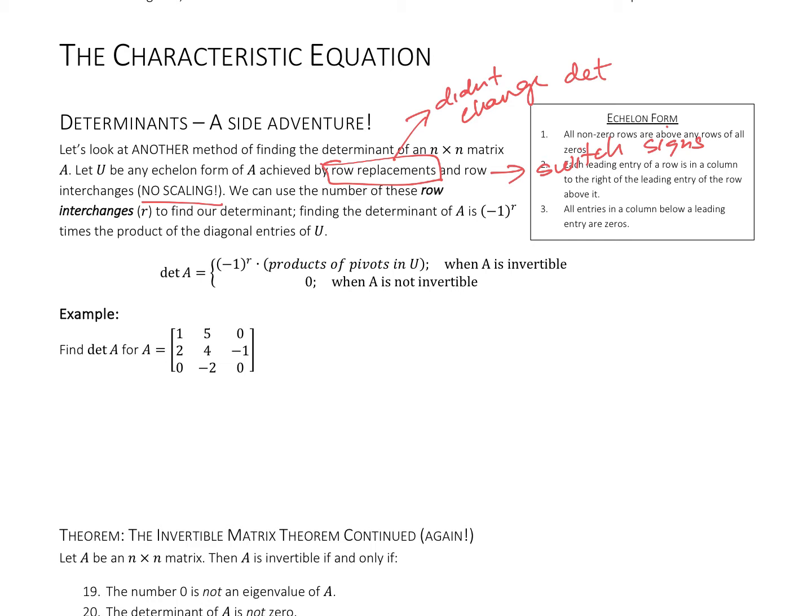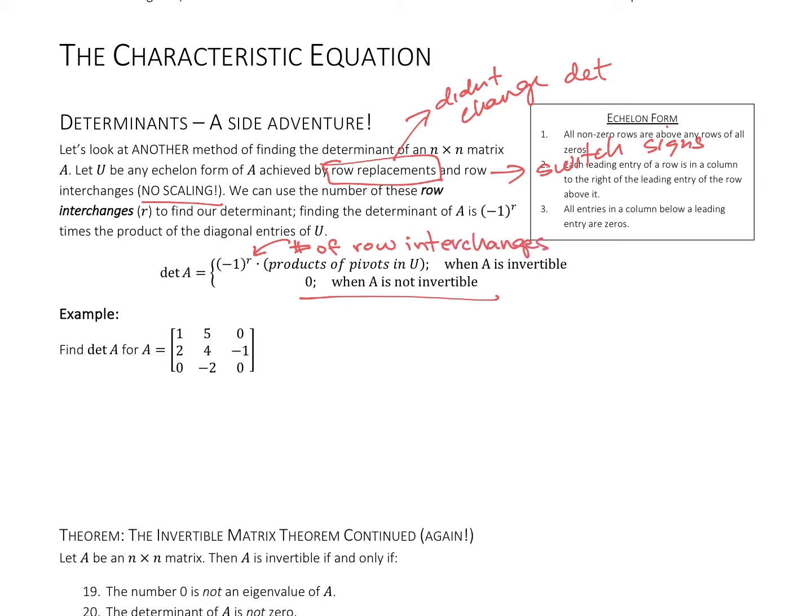So here's a fun little proof. If the determinant of A is 0, when it's not invertible, it doesn't matter, it's just going to come out to be 0. If it is invertible, and I can get down to a triangular matrix using only row replacements and row interchanges, then I can take -1 raised to the power of the number of row interchanges.